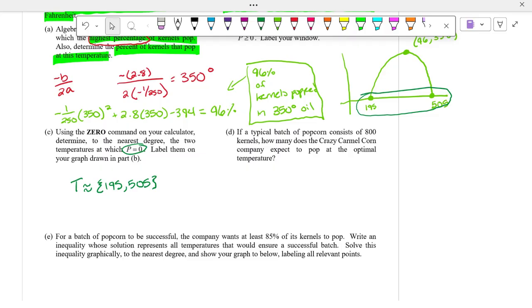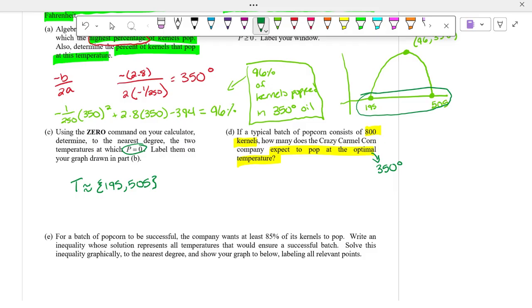Now, if a typical batch of popcorn consists of 800 kernels, how many does the Crazy Caramel Corn Company expect to pop at optimal temperature? What does optimal temperature mean? 350. Optimal means when we get the highest amount of corn, so we're talking 350 degrees. How much of the popcorn did they say would get popped at 350 degrees? 96%.